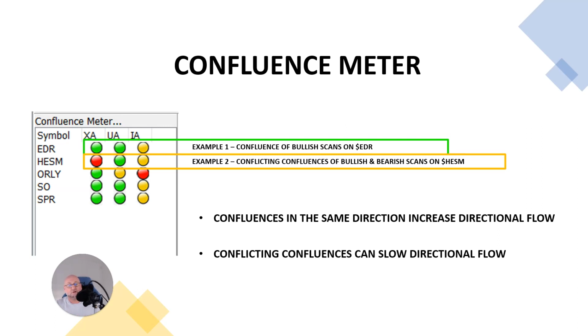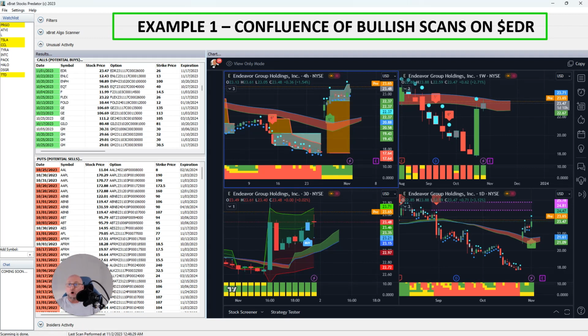So conflicting confluences can slow or actually change directional flow. When you've got confluence in the same direction, that increase in directional flow is pretty much apparent in most situations. So we're going to go to example one, the confluence of bullish scans on EDR.